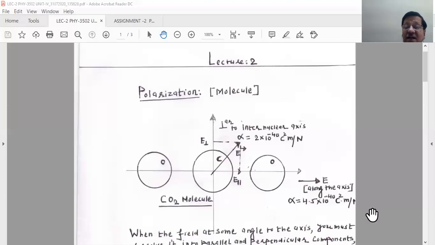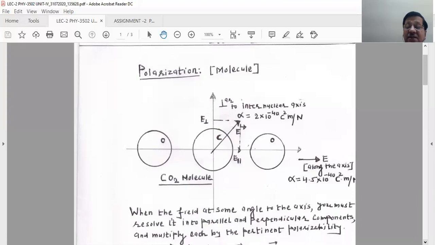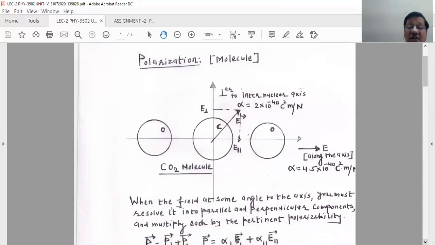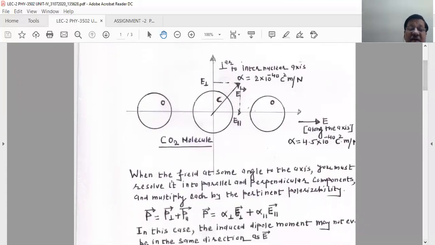If you write the induced dipole moment vector P in vectorial form, P is basically the vector sum of P perpendicular, the induced dipole moment along the perpendicular direction, and P parallel, the induced dipole moment along the parallel axis.